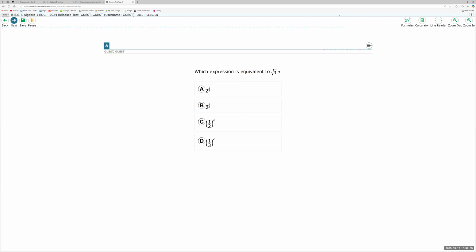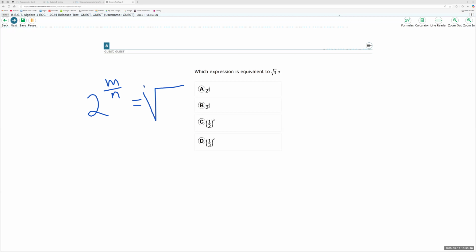Okay, so we need to understand something here with the exponents and the radicals. If I have a number 2 raised to a fraction, the exponent is a fraction m over n, that means I can rewrite it as a radical with an index n.